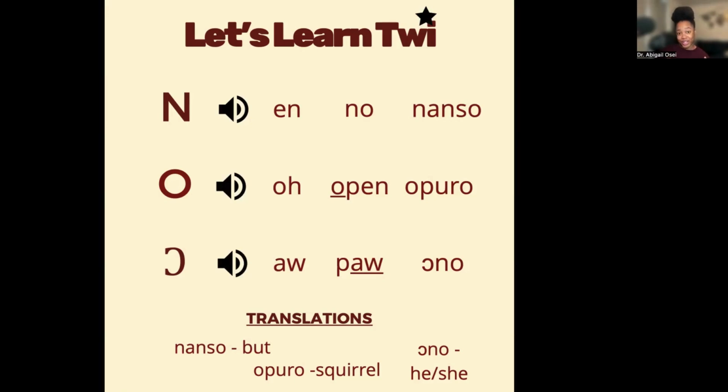Now for our second letter that we don't have in English, but we do have in Twi, it looks like a backwards C. Sometimes people who randomly text you in Twi, if they don't have the Twi keyboard set up on their phone, will use a closed parenthesis to signify the letter.